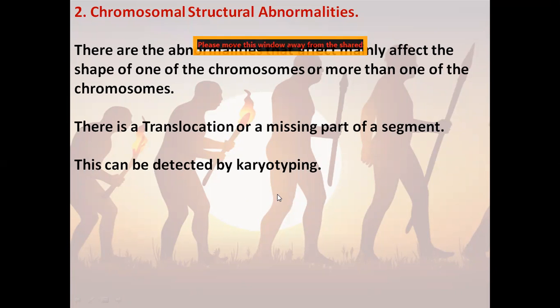Like yesterday we said translocation from 21 to 14 or 14 to 21. It's called the Robertsonian translocation. Or we have a missing part of the chromosome, a portion of it is going to be missed or deleted. This can be detected by karyotyping.